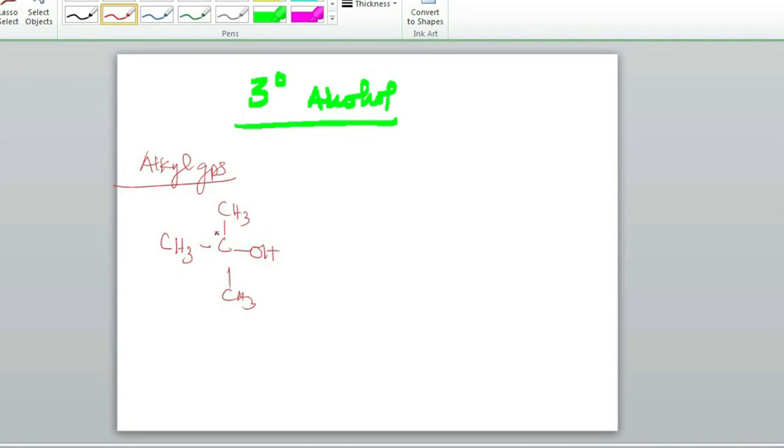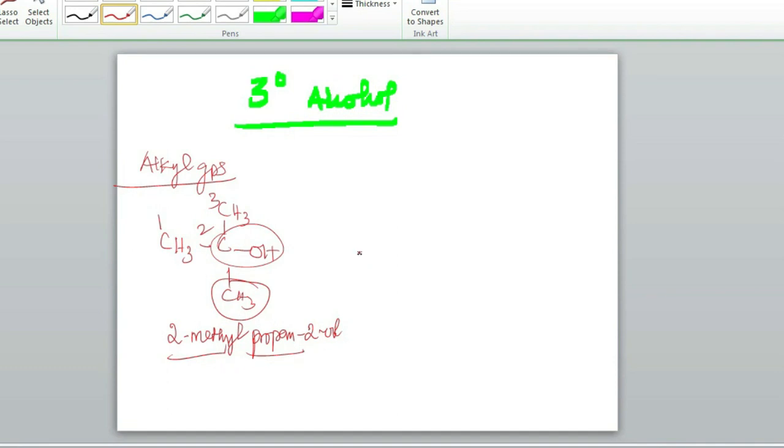Generally we give the name 3-methyl propan-2-ol. Sorry, 2-methylpropan-2-ol. How is it possible? 1, 2, 3: the second position has the methyl, and propane is 3 carbons. The second position has the OH group. It is called 2-methylpropan-2-ol.